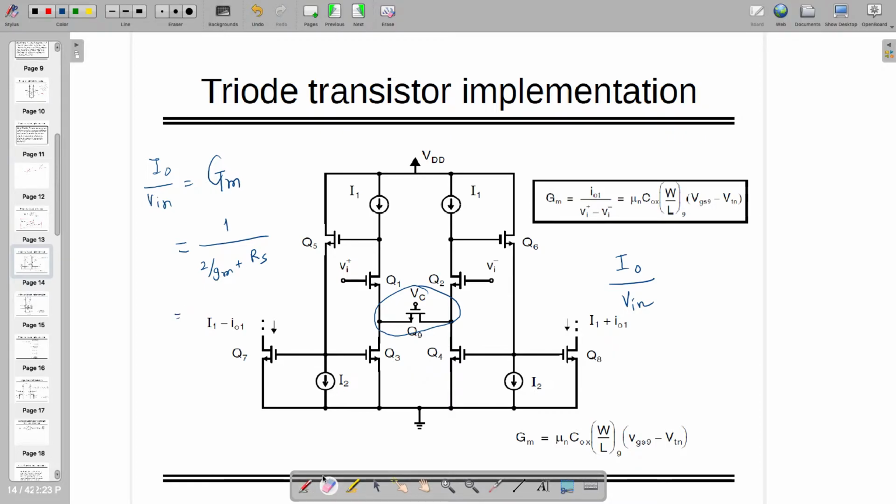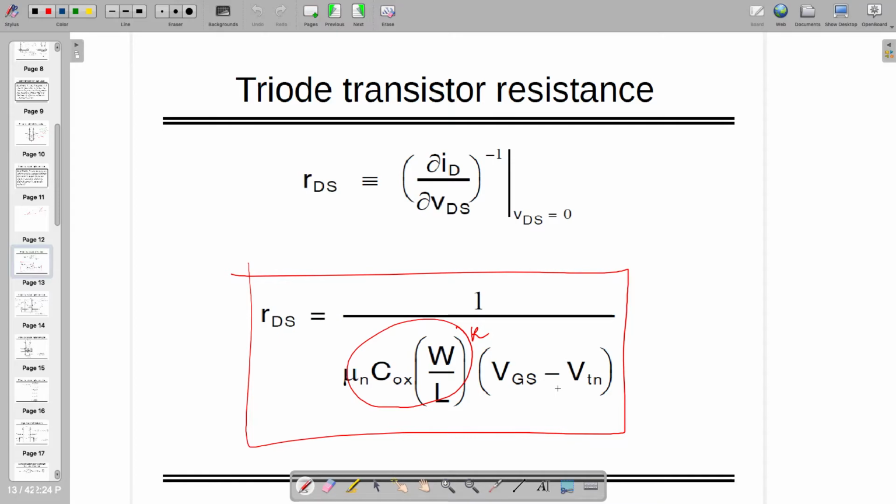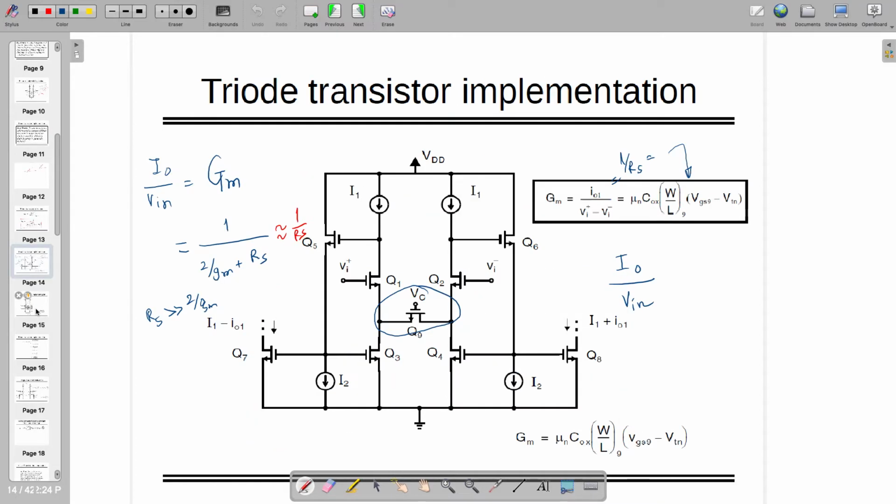If RS is much higher than 2 by gm, then this will be approximated as 1 by RS, right? 1 by RS is nothing but the triode resistance which has been kept here, which is derived from here: 1 by K times (VGS minus VTN).